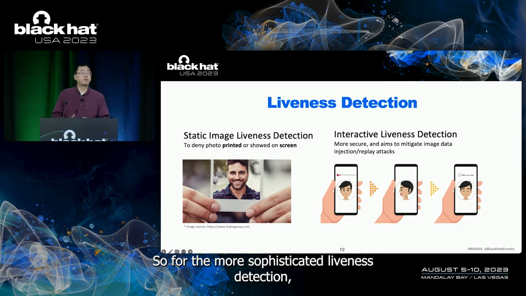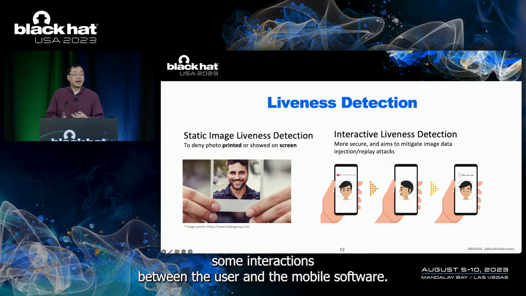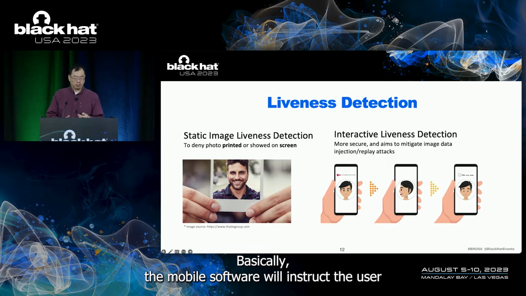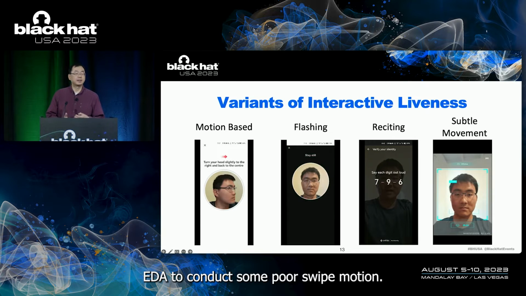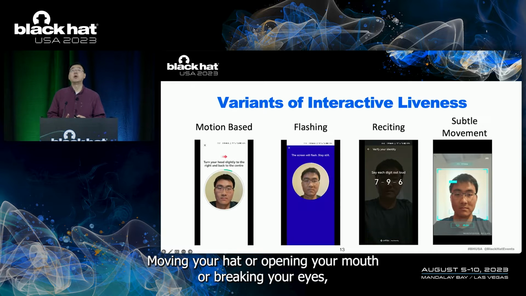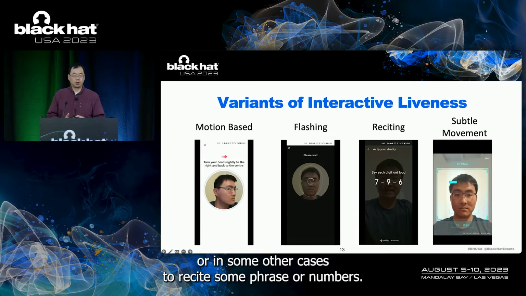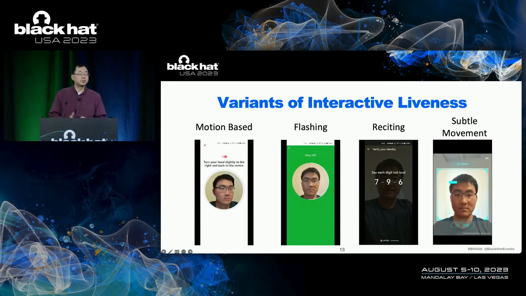For the more sophisticated, supposedly more secure liveness detection, they require some interaction between the user and the mobile software. Basically, the mobile software will instruct the user to conduct some prescribed motion, like moving your head, opening your mouth, or blinking your eyes, or in some other cases to recite some phrase or numbers.